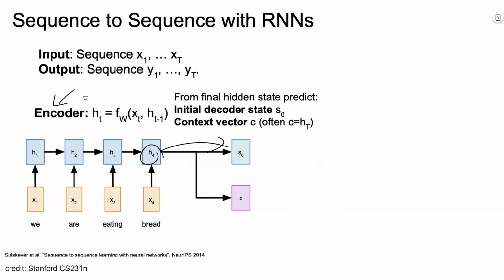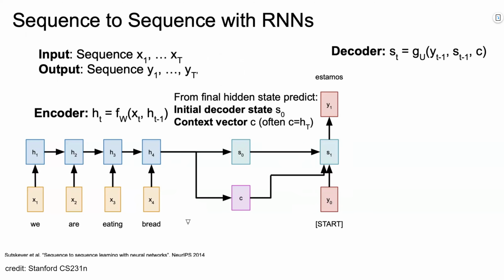The first RNN is called the encoder, and the second RNN is called the decoder. And what the decoder does is receive the start token. Using this start token and the last hidden state, we usually don't have this context vector. However, you can put this context vector, and it is initialized as the hidden state of the last time step of the encoder.